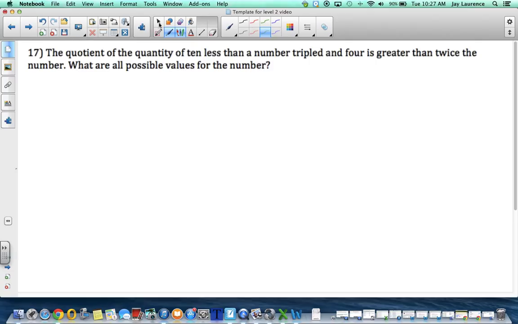All right, number 17, a little bit longer. The quotient means division. I'm going to need a division bar, or fraction bar, excuse me, of the quantity of 10 less than a number tripled and 4. That's my quantity. So I need 10 less than a number tripled.